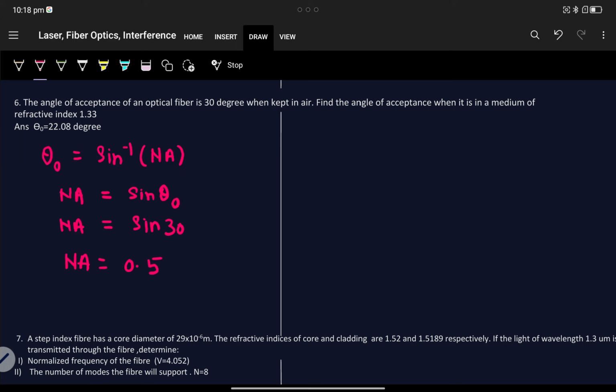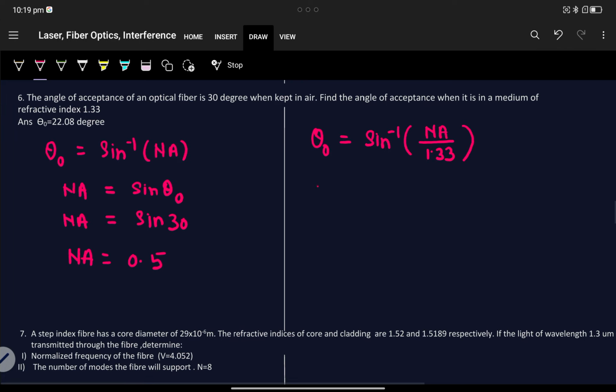Now when it is surrounded by a medium of refractive index 1.33, I can write the formula. In that case, theta 0 is sine inverse of the numerical aperture divided by the refractive index of the surrounding medium, which was earlier 1, and now it is 1.33. So when we substitute the details, sine inverse of 0.5 divided by 1.33, we get the value of theta 0 as 22.08 degrees.